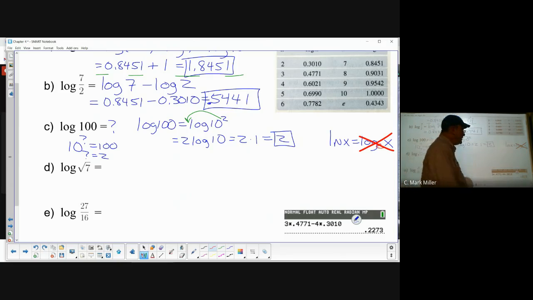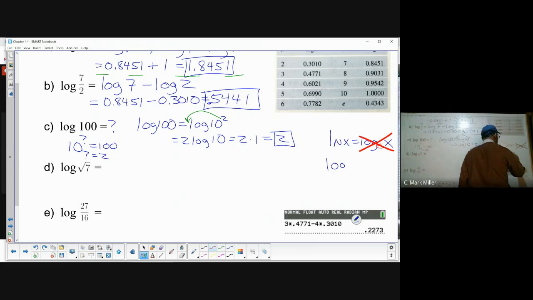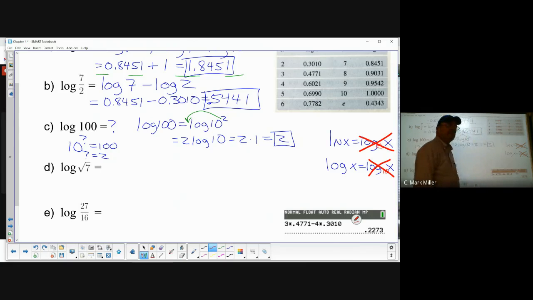But LOG of x is log base 10 of x. But we never write it that way. But if it will help you, by all means, you're allowed to write in base 10 here if you want. I don't take points off of that. However you do the problem, I'm good. If it doesn't involve your neighbor.